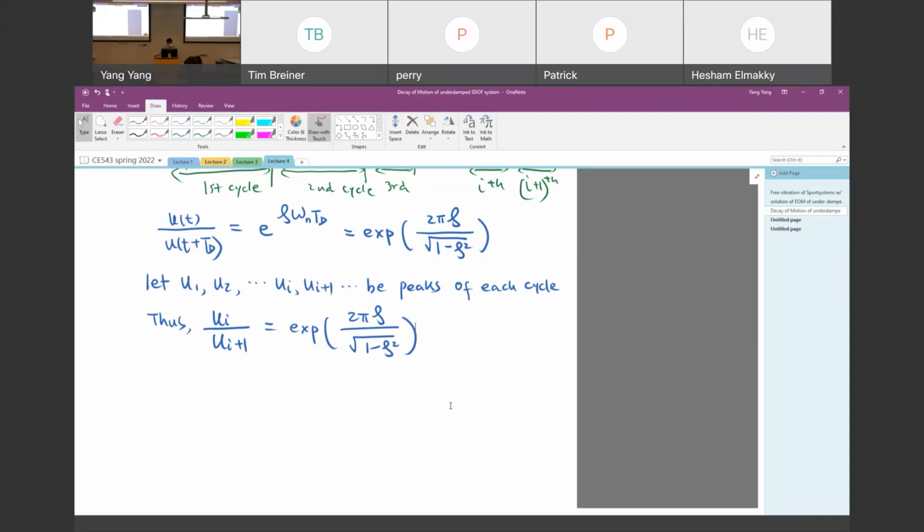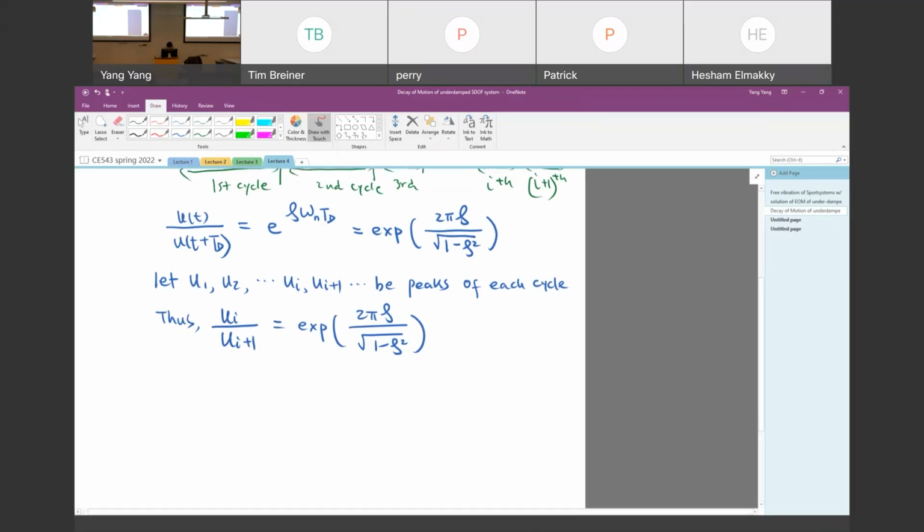Yes, the same, so basically this is equal to that, that's the same.